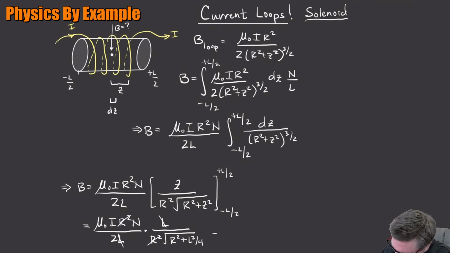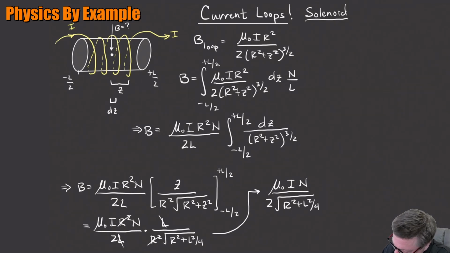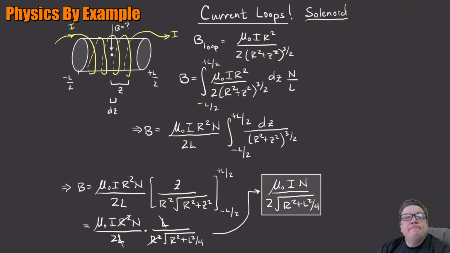What am I left with? Mu naught I N over 2 square root of r squared plus L squared over 4. This should be it. That's the exact answer for the magnetic field at the center of this thing.